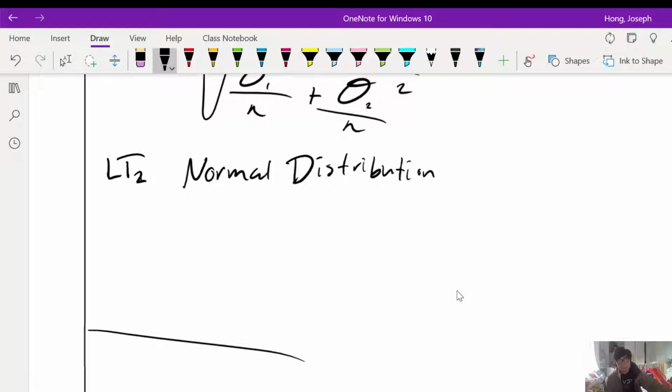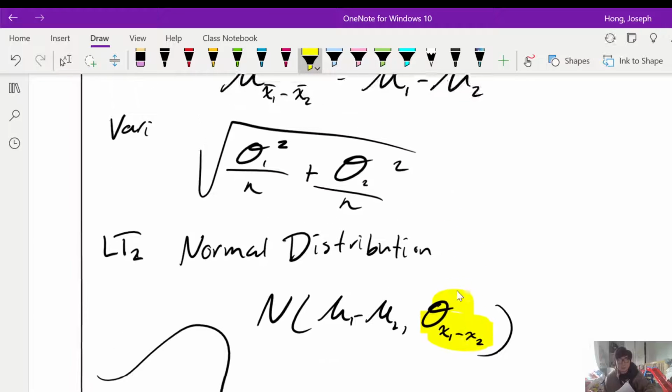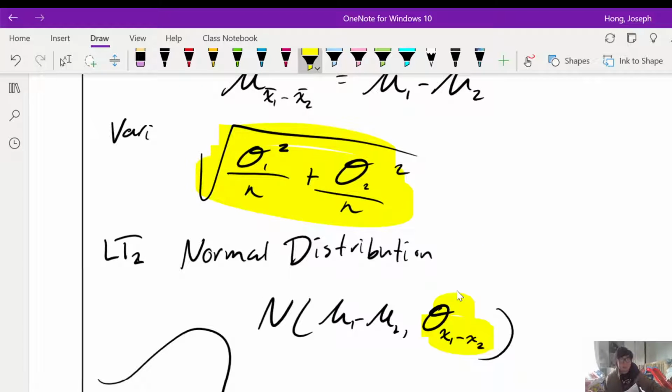So when I draw my normal distribution, my N is going to be like the mu 1 subtracted by mu 2, comma, the standard deviation equation. I'm not going to write it all. You can write it like this right here. This equation is pretty much this big equation for variance. And once again, z-score is equal to x minus mu, divided by standard deviation.